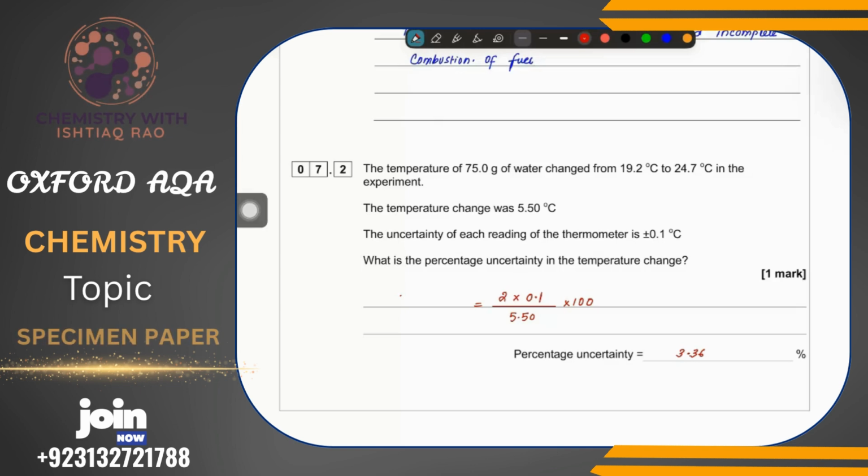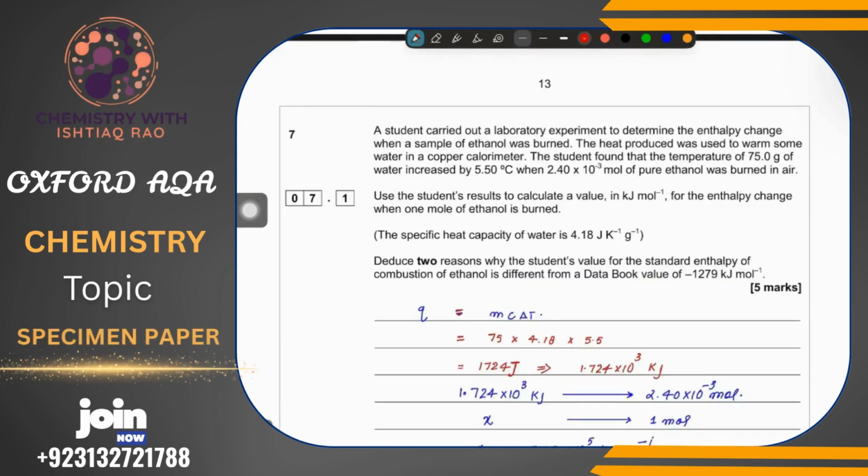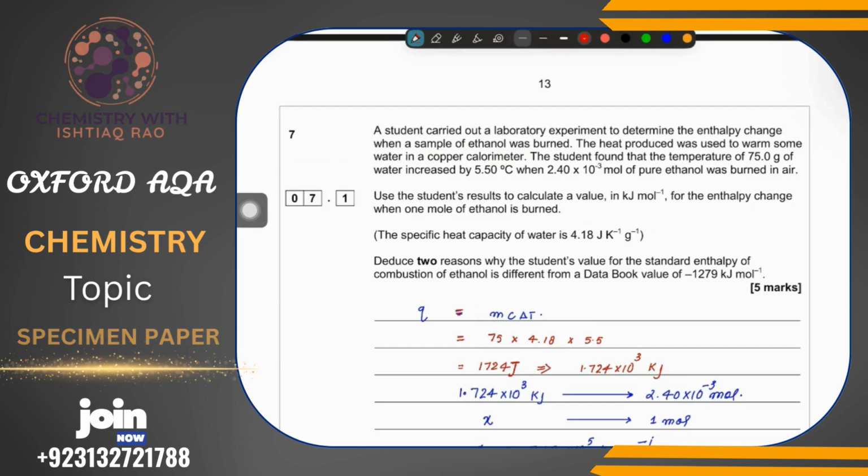So how can we increase the temperature? You have to take more ethanol. If you look at the sample taken for the combustion, it is ethanol. If you take more ethanol, it will give you more temperature, so the temperature of the water is going to increase in a greater manner.